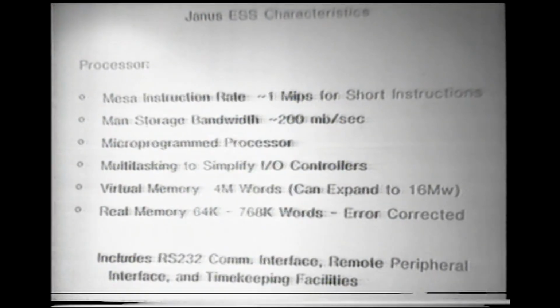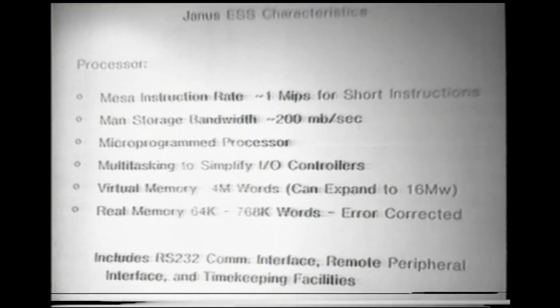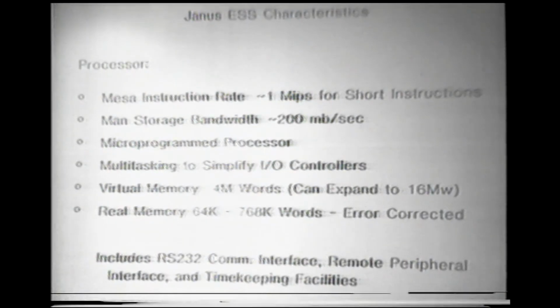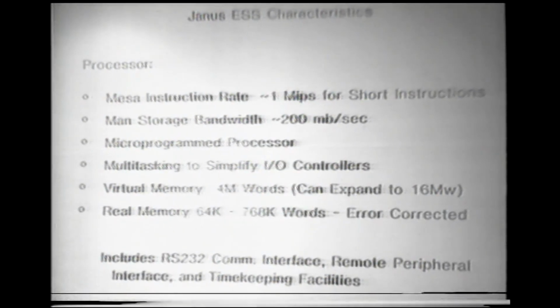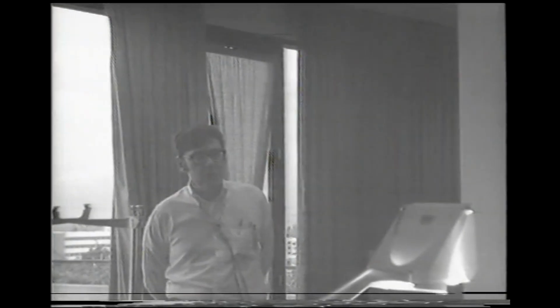And one of these tasks is used for the emulation of the MESA instruction set. The other 15 are used for I/O controllers. And what that does is, as in the Alto, allow the controller hardware to be much simpler. The CPU itself is somewhat more expensive by doing it this way, but for larger systems, there's a considerable net saving over building very complicated controllers.